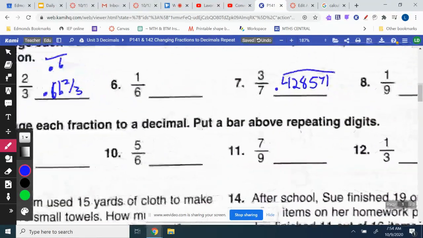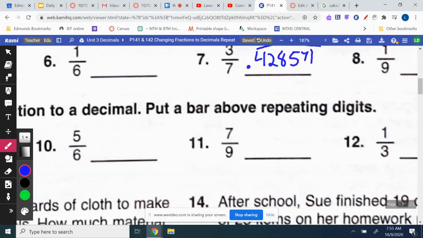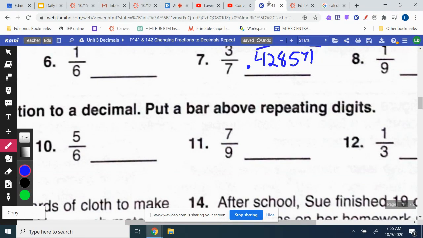Let's do number 11 together. We're going to see when we can find something repeating. So let's go 7 divided by 9. Well, it doesn't go in there, so it does go into 70. 9 goes into 70 7 times. 7 times 9 is 63.